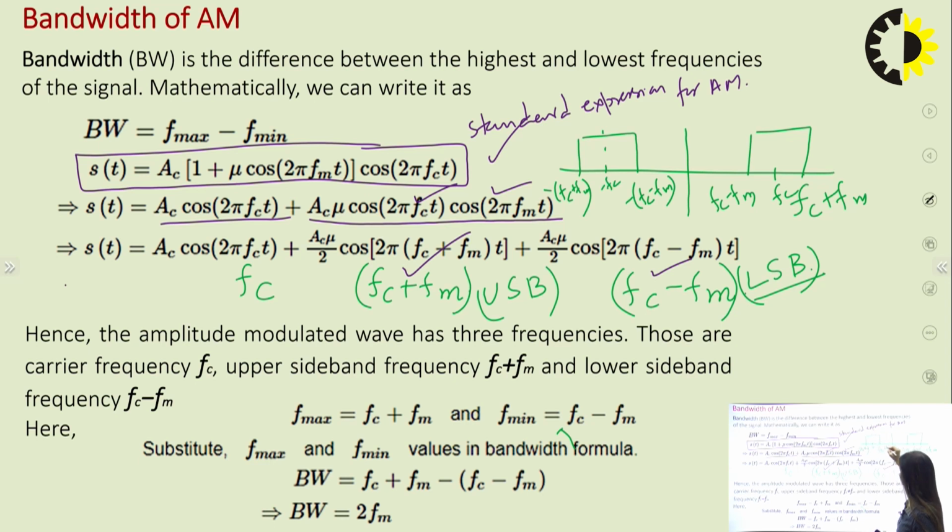This is minus FC and this is plus FC. And the band gap is 2 FM. The band gap is twice FM, as we have written here. So remember, the bandwidth of the amplitude modulated wave is twice FM.